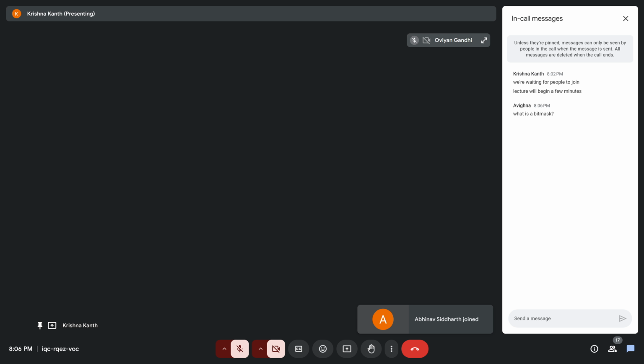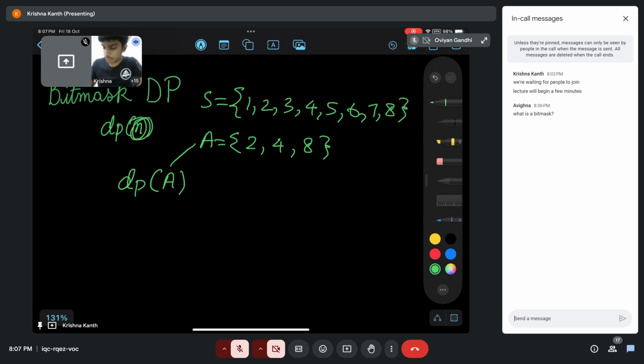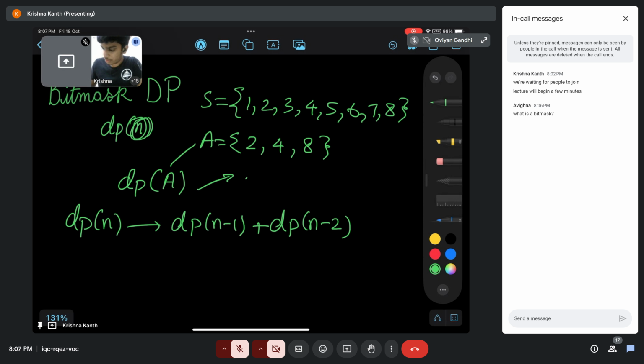So now we solve the problem for DP, basically DP of A, where A is actually a subset. It's not just a single integer. So we solve the problem for this subset based on subsets of this subset. Let's say DP of A depends on maybe DP of B. Like normally in a normal DP problem, DP of N would depend on the smaller DP, like maybe DP of N minus 1 plus DP of N minus 2, as in the Fibonacci sequence.